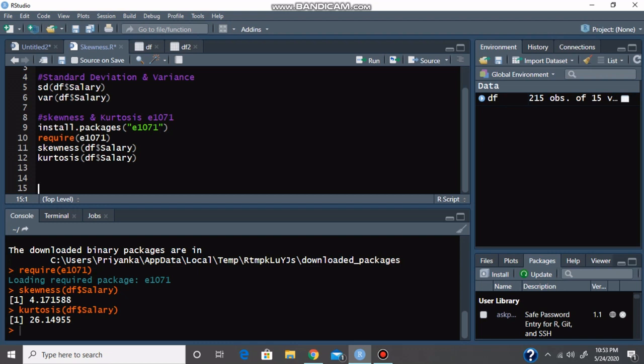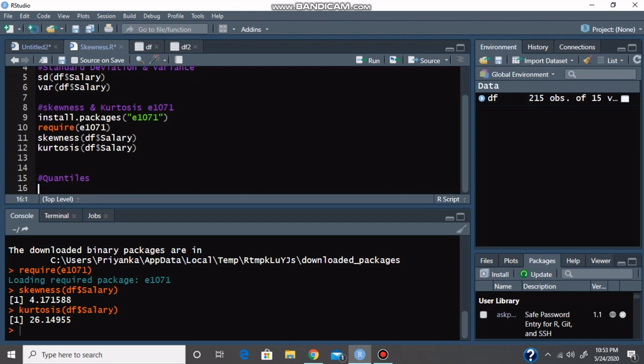The next is your quartiles, or rather I'll say quantiles. To compute the quantiles, we can simply write the function name quantile, and we'll write df$salary, and then we'll bind it to the probabilities that we want to see.